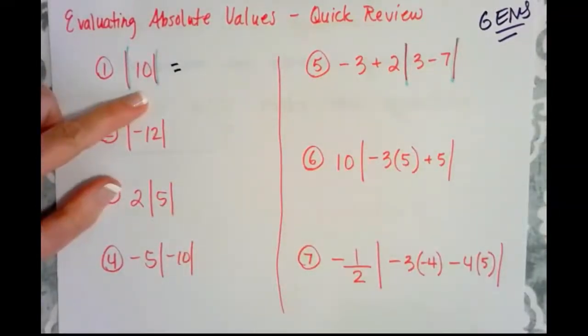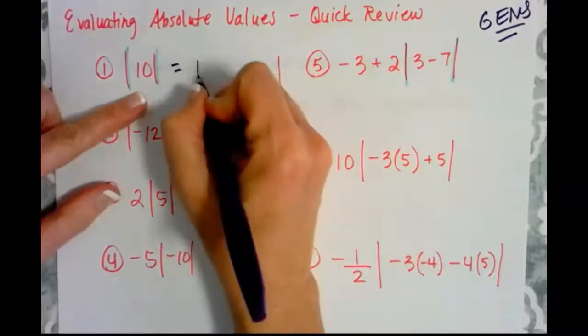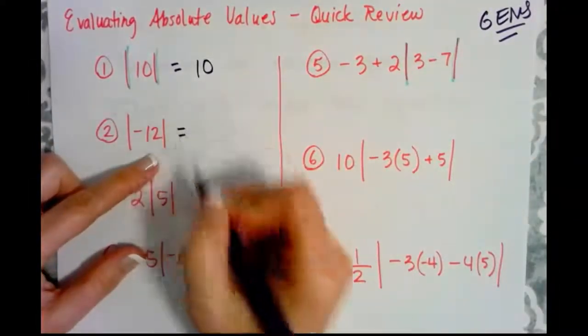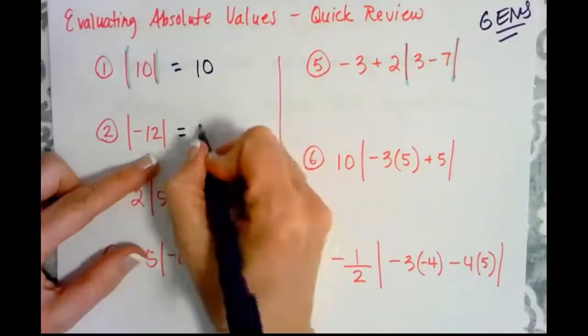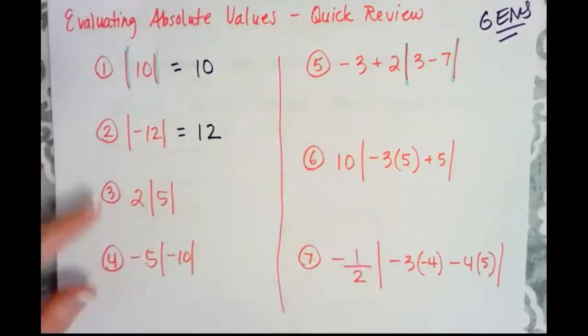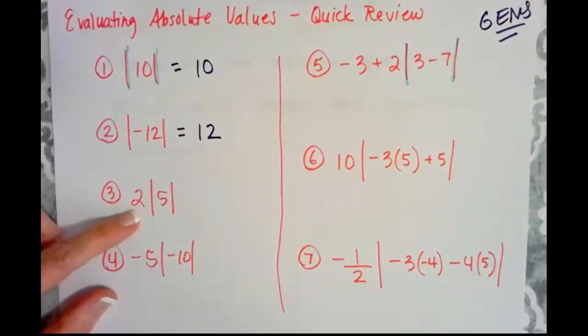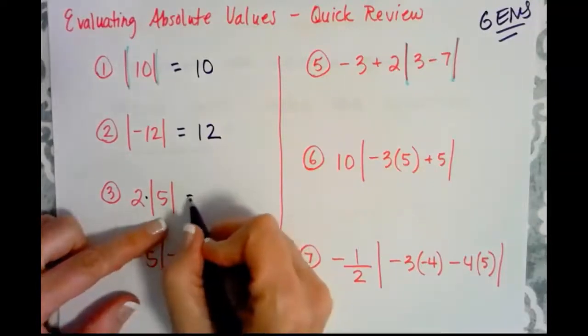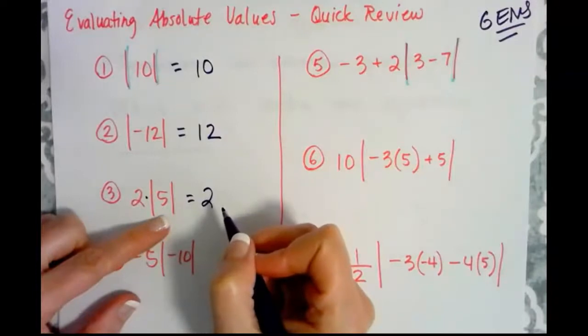How far is 10 from 0 on the number line? It's 10 units. How far is -12 from 0 on the number line? It's 12 units. Look at number 3. This says 2 times the absolute value of 5. So we need to evaluate the absolute value first.